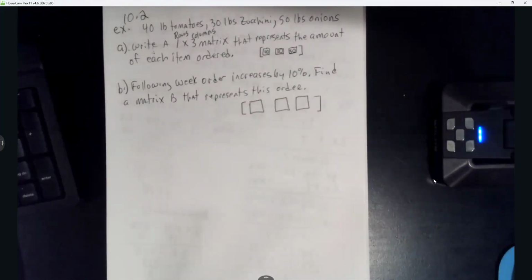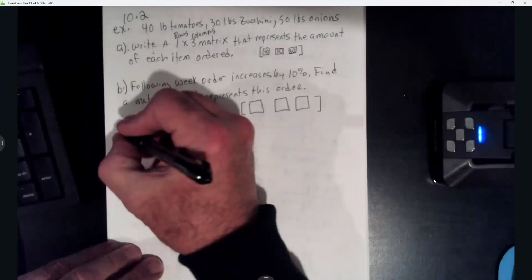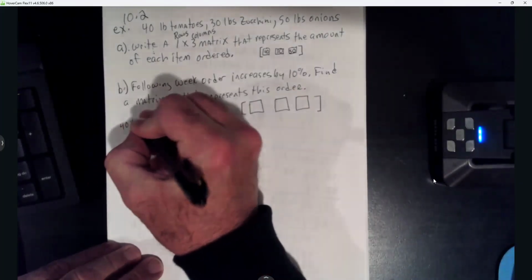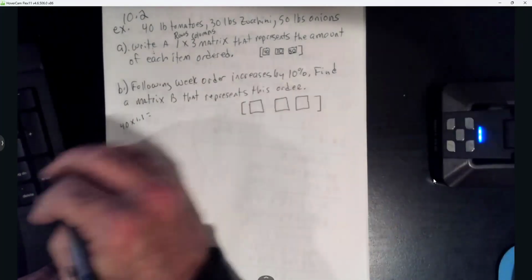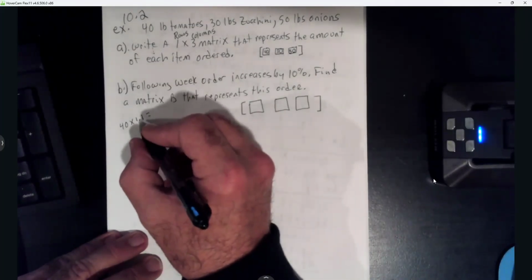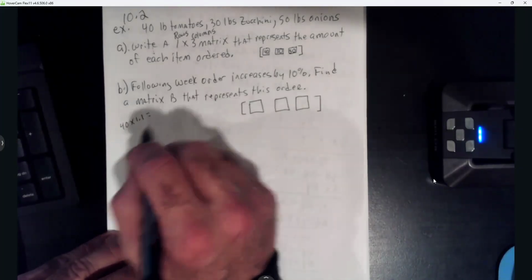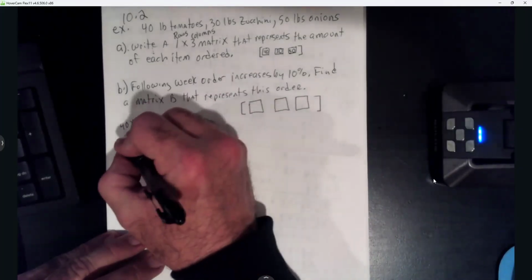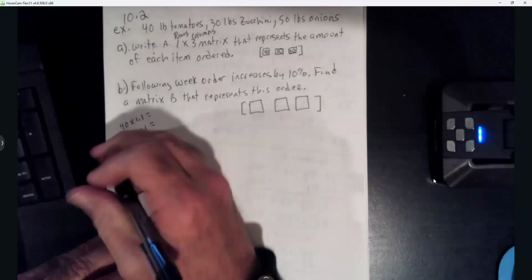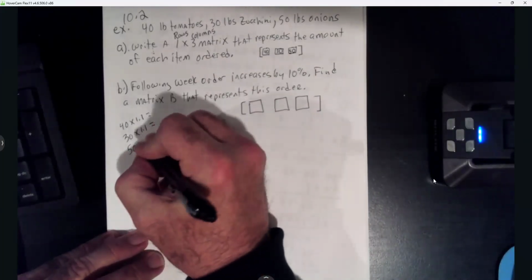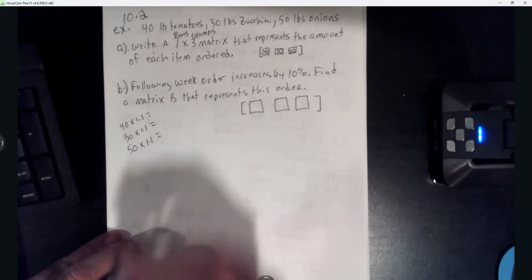But y'all, let me show you a quick way. If you're increasing an order by 10%, all I got to do to each of these numbers is multiply by 1.1. Because that 0.1 represents my 10%. So let's see, then we had 30 times 1.1, and then 50 times 1.1.